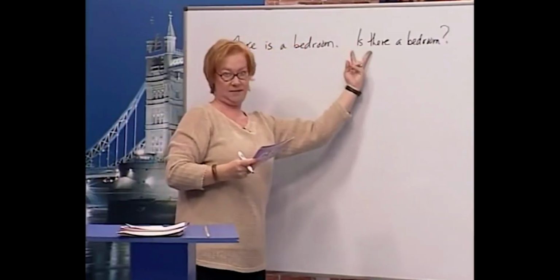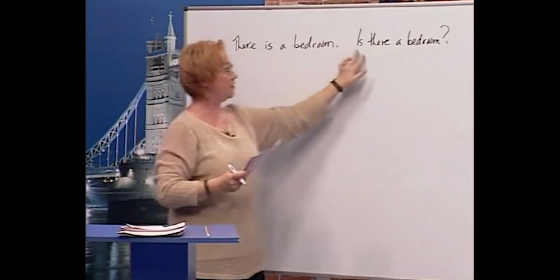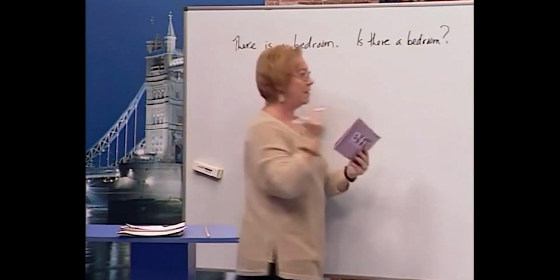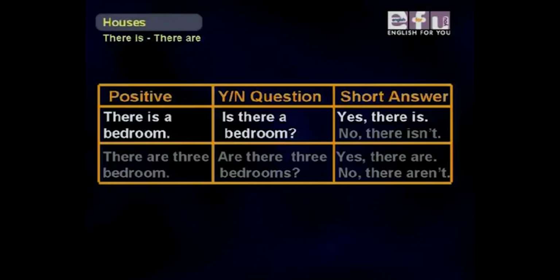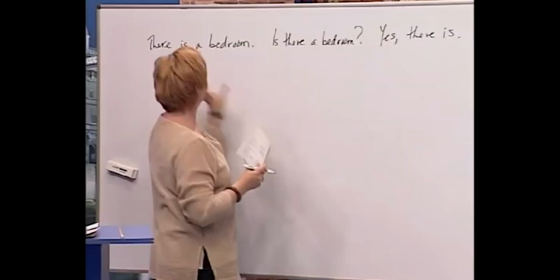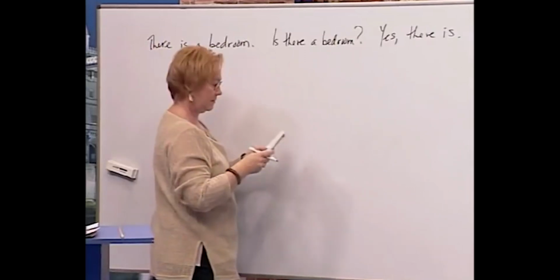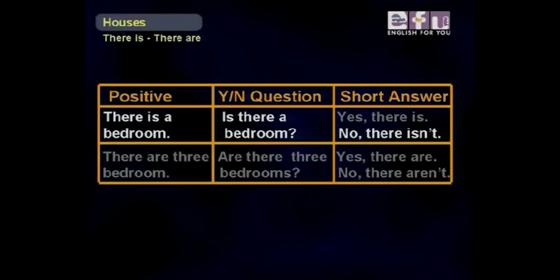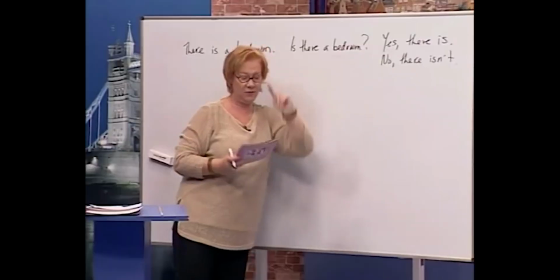See, we changed it. There is a bedroom. Is there a bedroom? And like the other ones, yes, there is. Or, no, there isn't. So there's a bedroom. Is there a bedroom? Yes, there is. No, there isn't. Okay, this is for one.